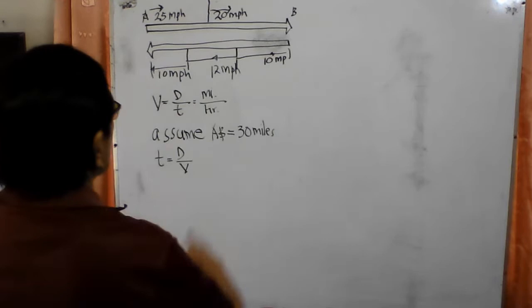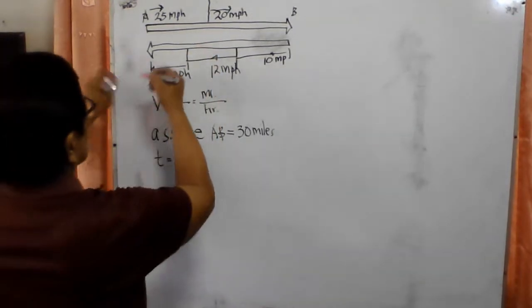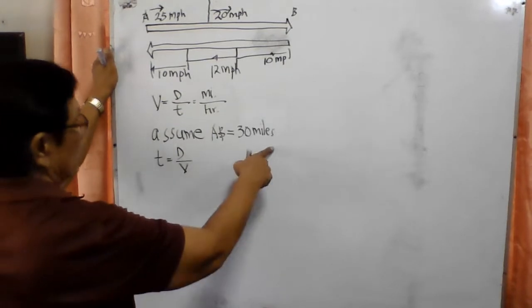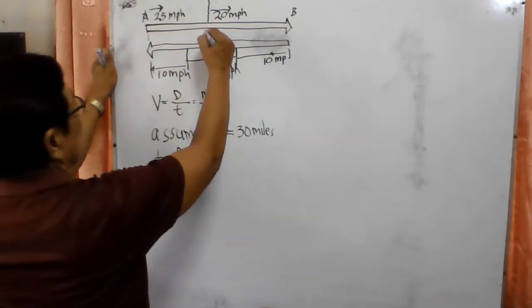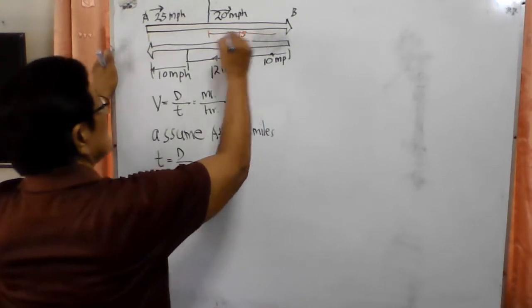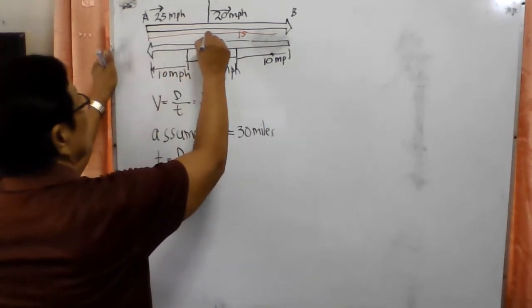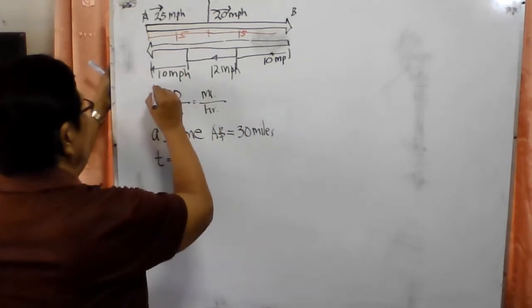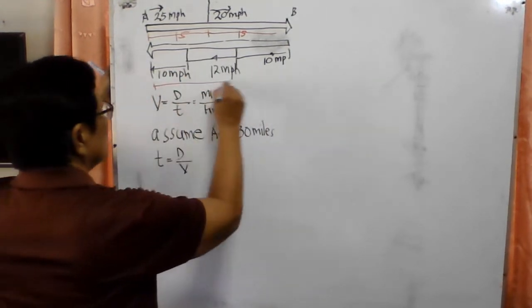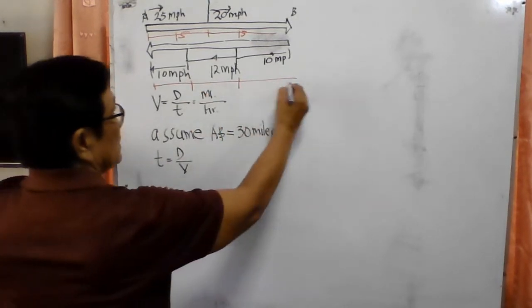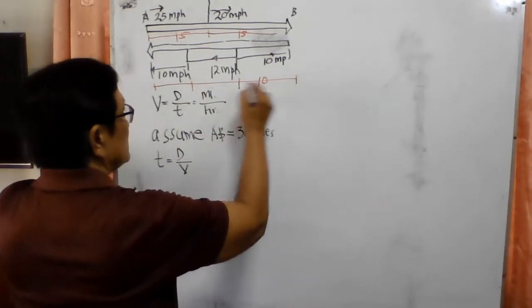We can compute actually the distances here. Since this is 30 miles, midway is 15 miles. And 1/3, if you have 30, this is 10 miles.